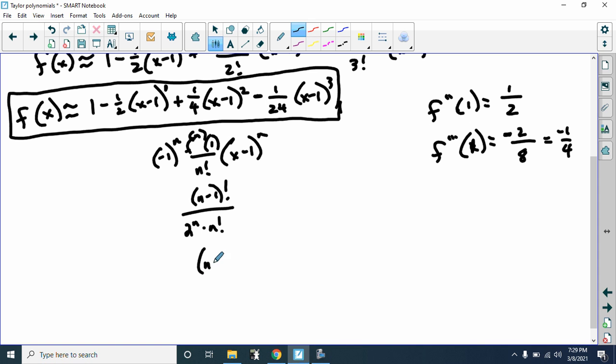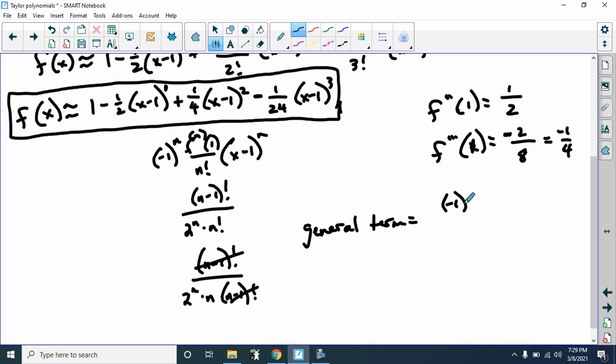So if I start writing that out, I would have n times n minus 1 factorial. These cancel now. So our general term is I've got that negative 1 to the n times 1 over 2 to the n times n times x minus 1 to the n.